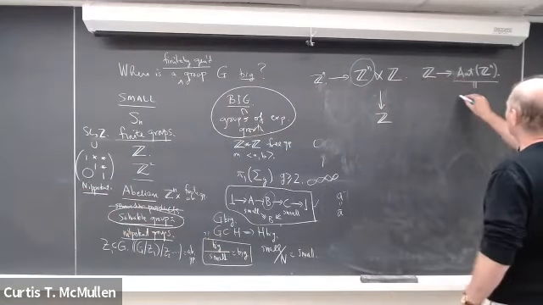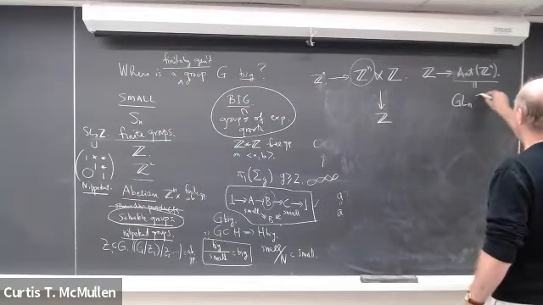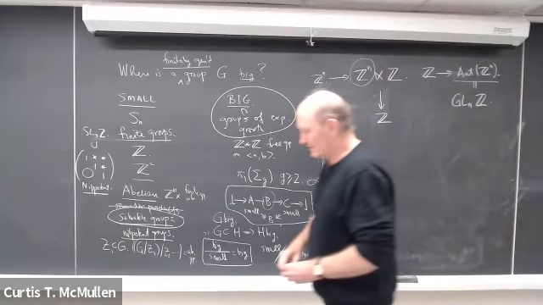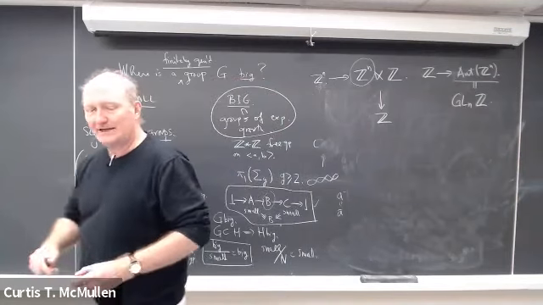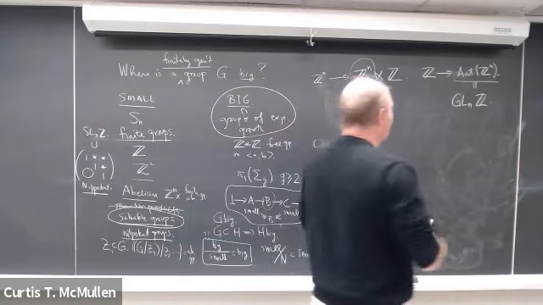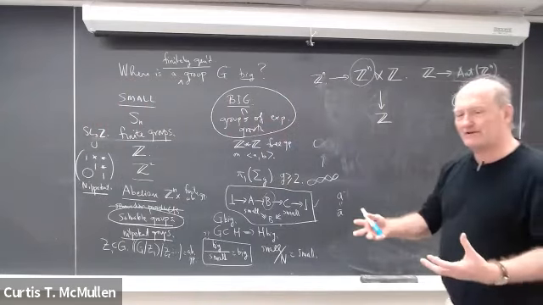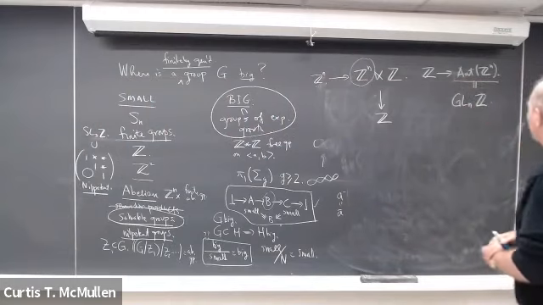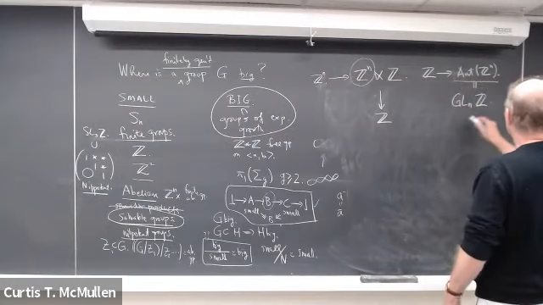The automorphism group is what's usually called GL_n(Z). And of course, what this means is not the integral matrices with non-zero determinant, but the integral matrices whose inverses are also integral, which means they have determinant plus or minus 1.